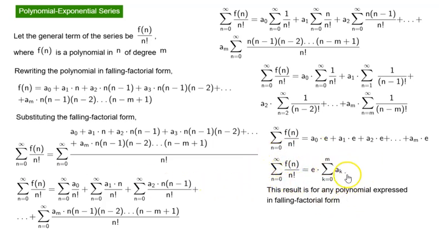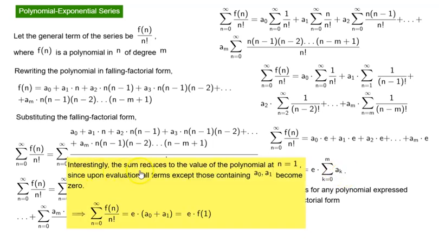We have arrived at an identity. So if we are given a series in this form, immediately we can take the product of e with the summation of the coefficients a sub k, where k goes from 0 to m.